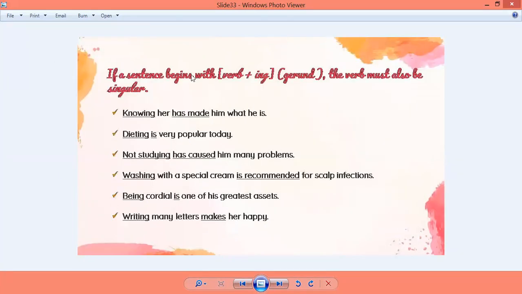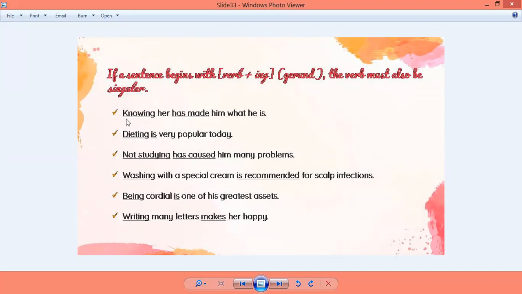If a sentence begins with verb plus ing, क्या मैंने क्या बोला था? Any verb which has ing in it, it is called a gerund, right? The verb must also be singular. जब भी gerund होता है, कोई भी आपका सेंटेंस है वो gerund से मतलब verb plus ing फॉर्म से शुरू होता है, तो वो पूरा सेंटेंस है वो सिंगुलर में ही यूज होगा.